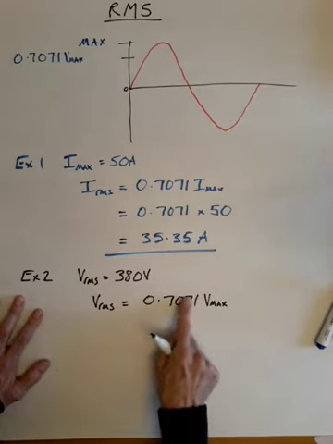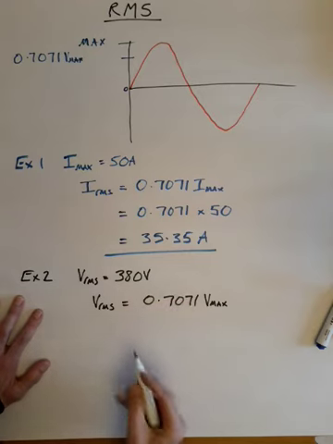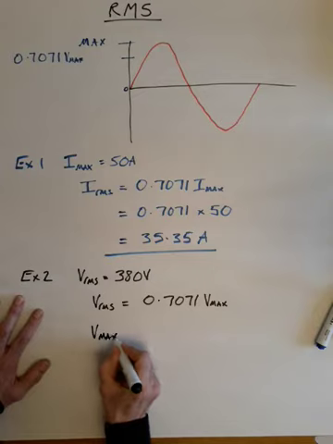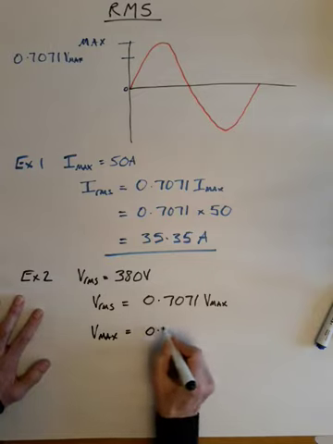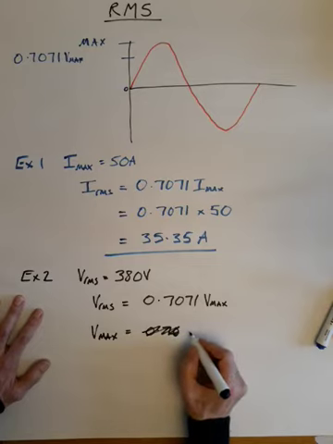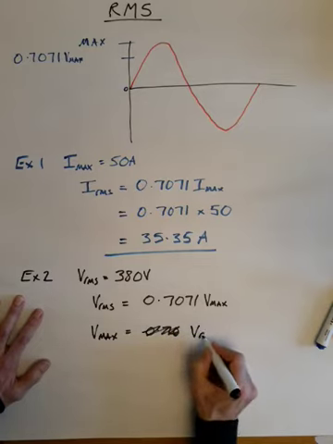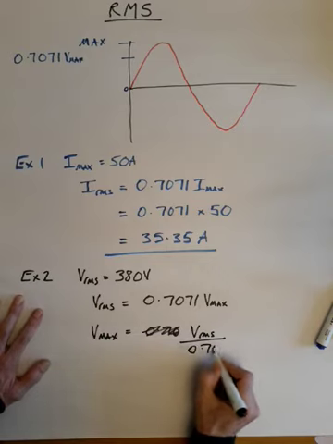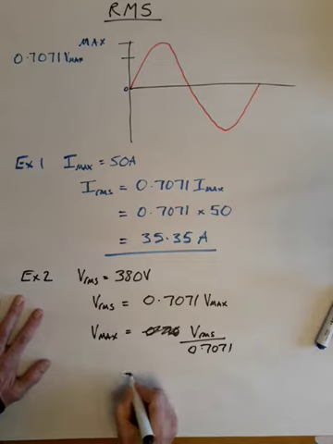You're going to move this under there. So V max equals the RMS over 0.7071. Put the numbers in.